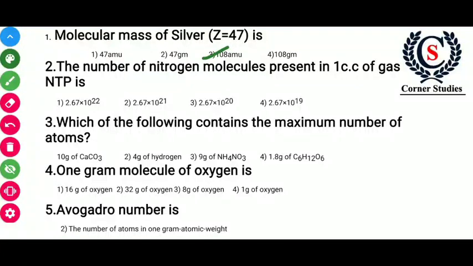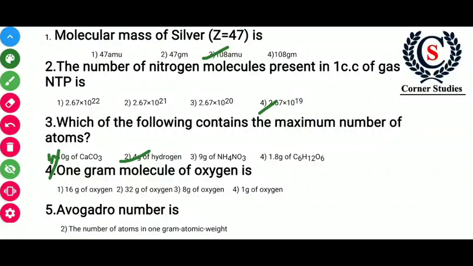Next one, the number of nitrogen molecules present in 1 cc of gas at NTP is 2.67 into 10 to the power of 19. Which of the following contains the maximum number of atoms? See the options: 10 grams of CaCO3, 4 grams of hydrogen, 9 grams of NH4NO3, 1.8 gram of C6H12O6. What is the answer? 4 grams of hydrogen.